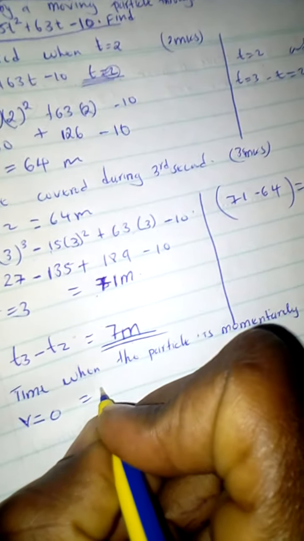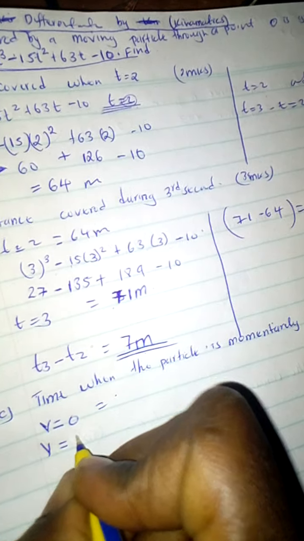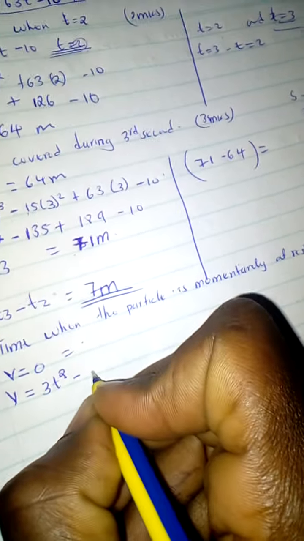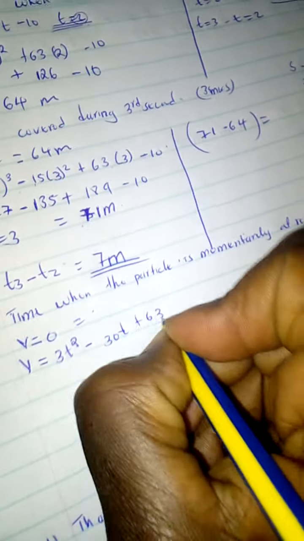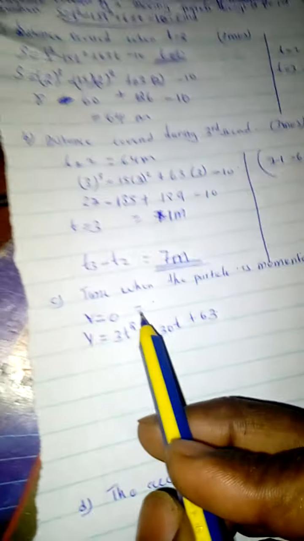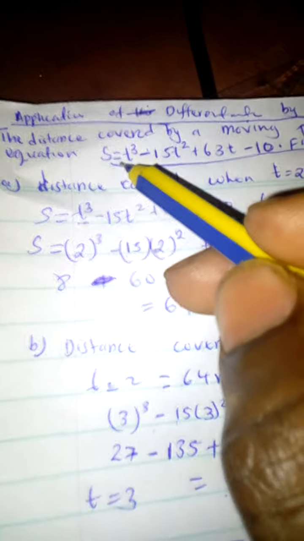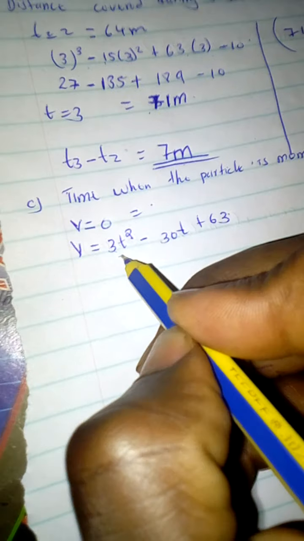Differentiating this equation, we find the velocity equation v is equal to 3t squared minus 30t plus 63. How does that come? For 3t squared, the power pre-multiplies, so we have 3, then the power minus 1, that is why we come with 3t squared.